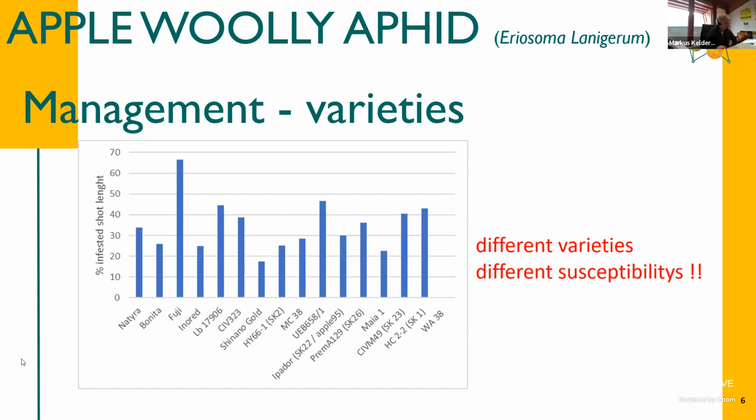For example, if you look at the varieties, Fuji is normally also outside in the orchards very difficult to manage for apple woolly aphids. So we can see that it's quite interesting, and that in these tests we get more or less the same situation. The infestation is quite correlated between the orchards and this test we have done in the last years.